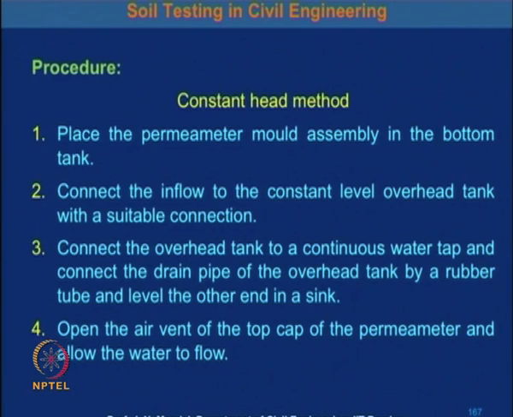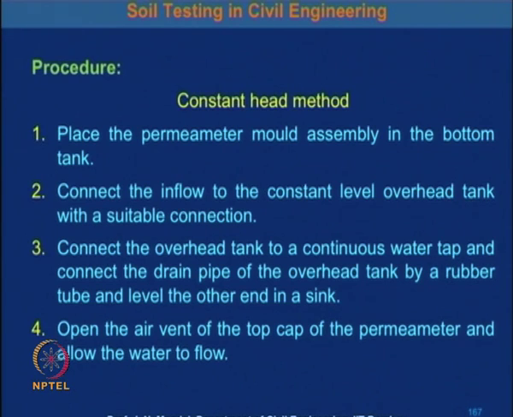Now, let us talk about the procedure for the constant head method. First of all, place the permeameter mold assembly in the bottom tank, and then connect the inflow to the constant level overhead tank with a suitable connection.